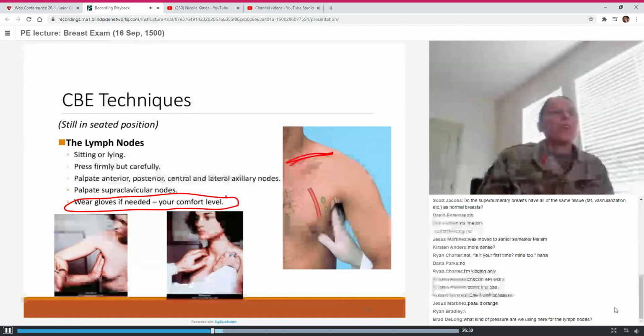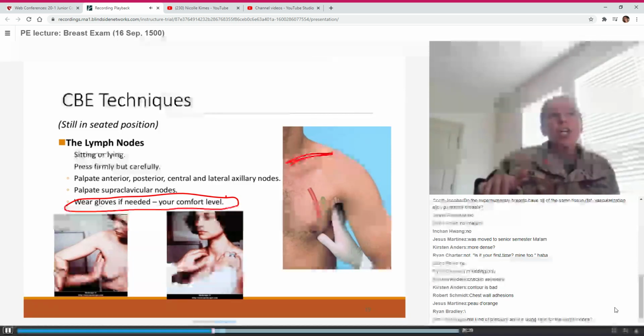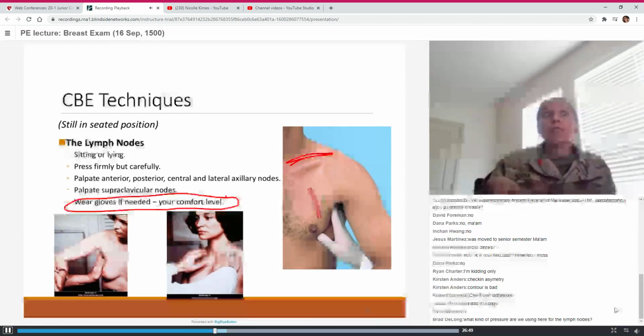So Brad DeLong has a good question. What kind of pressure? So it's not the 3 levels of pressure because we're targeting lymph nodes. So you are just going in with a bit more force depending upon their habitus to where you can ascertain those lymph nodes. And remember, in the axilla, some are pretty deep, and your posterior are along the anterior surface of the subscap.